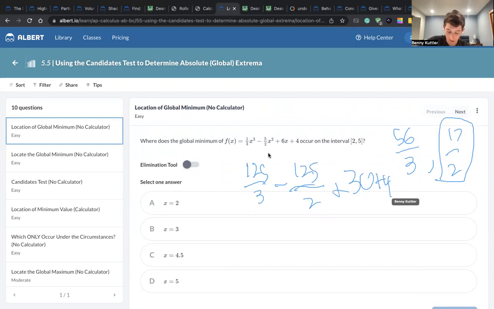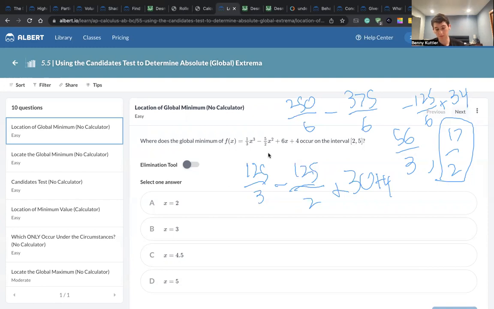So if we find the common denominator, we get 250 over 6 minus 125 times 3, 375, over 6. So then we get negative 125 over 6 plus 34.